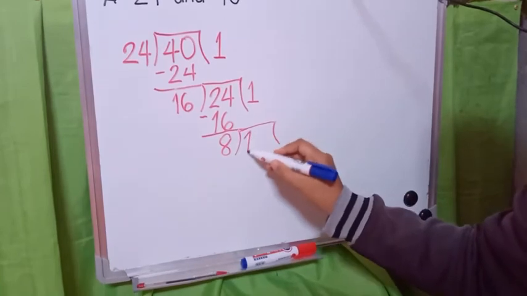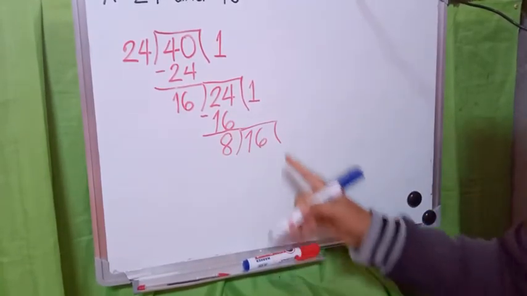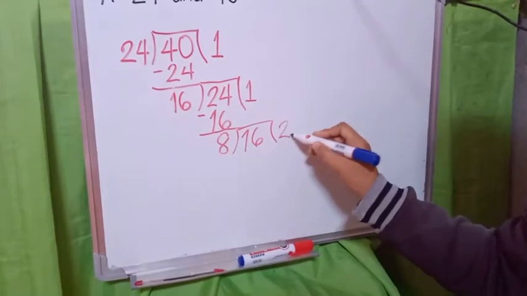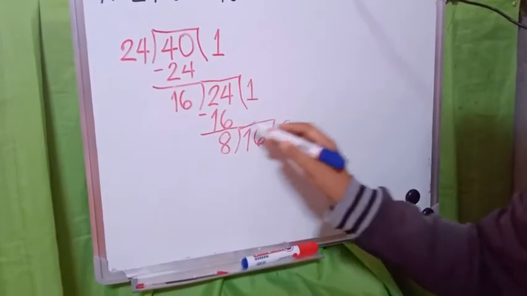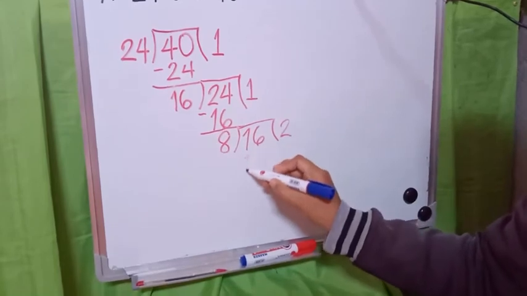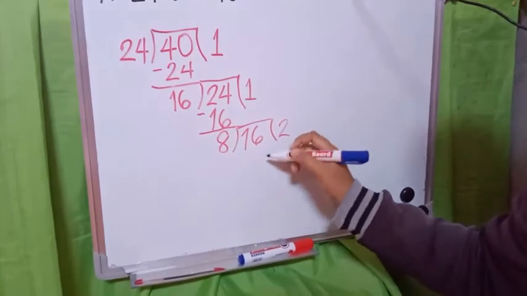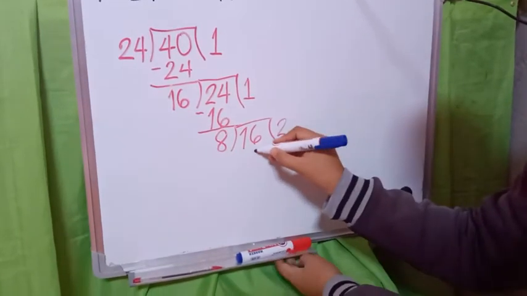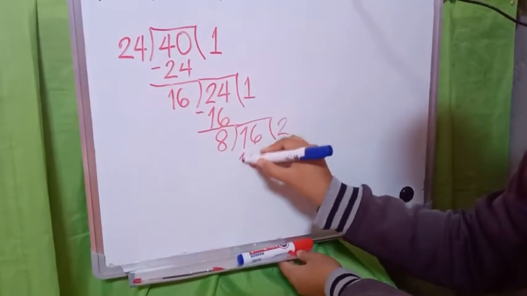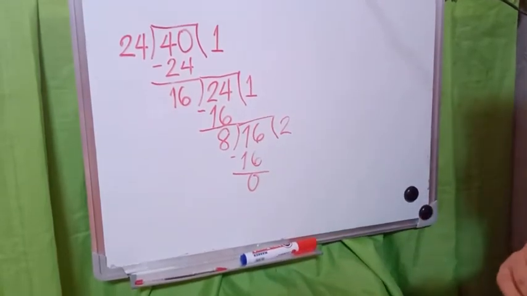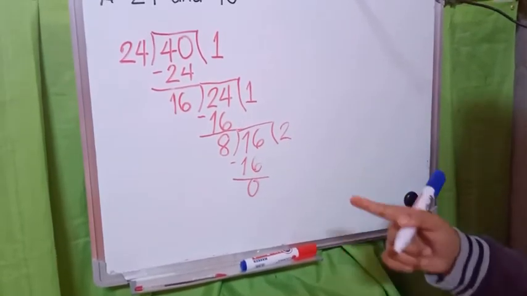Again, your remainder will become your new divisor and your previous divisor will become your new dividend. So 16 divided by 8, that is 2. So 2 times 8 is 16. So the answer for this one is 0. So what would be your greatest common factor there?